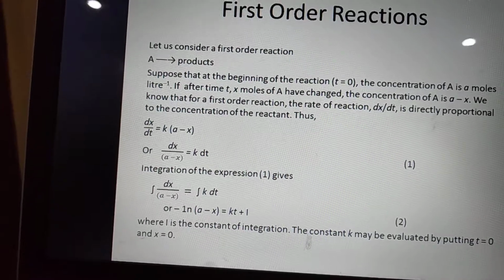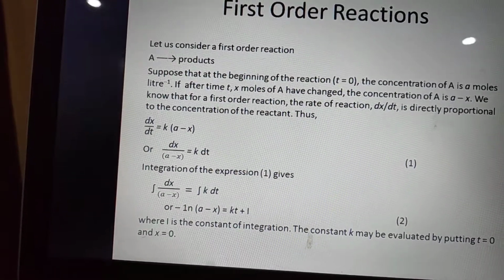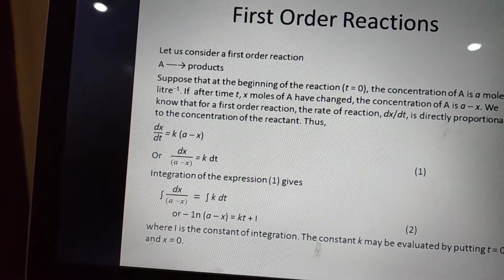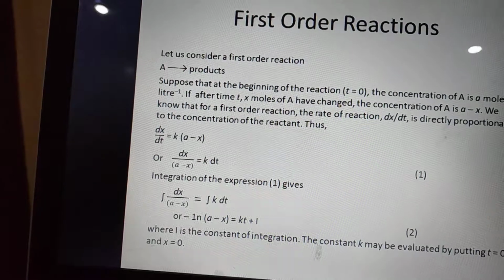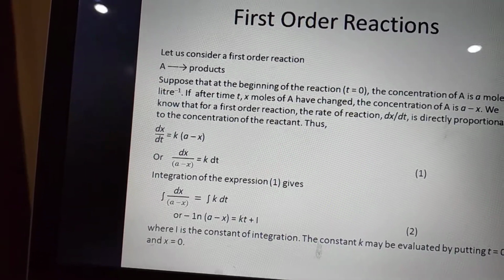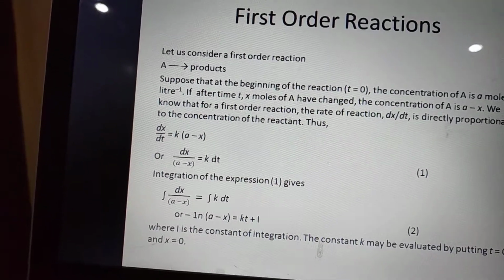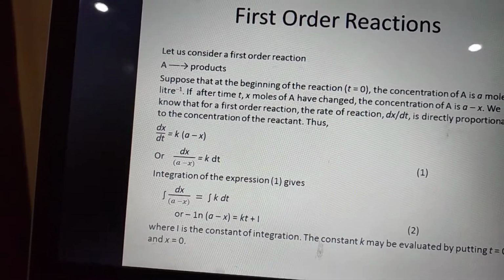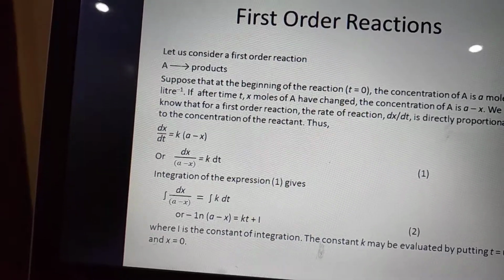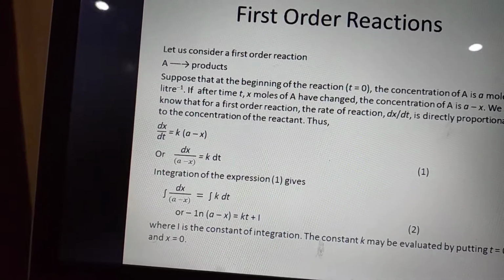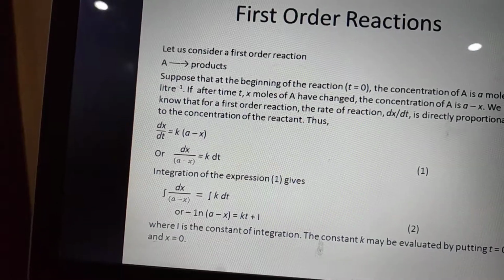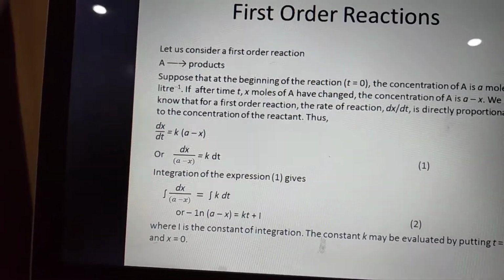Here a minus x is the final concentration and a is the initial concentration, as given in the previous zero order reaction. So dx over (a minus x) is equal to k dt. On integration, the integral of dx over (a minus x) is equal to the integral of k dt, or minus log (a minus x) is equal to kt plus I, where I is the constant of integration.